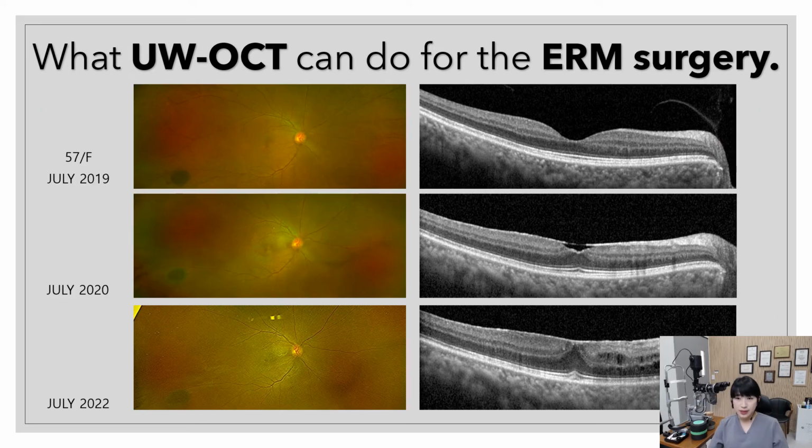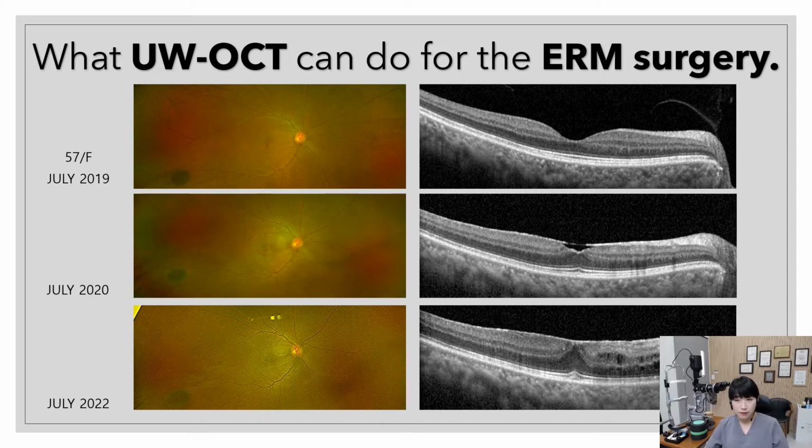Another important disease related to the vitreoretinal interface is the epiretinal membrane. Epiretinal membrane is very common; 70% of patients in their 70s have epiretinal membrane of various stages.